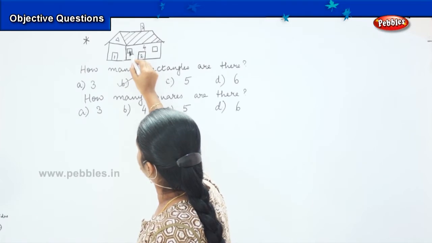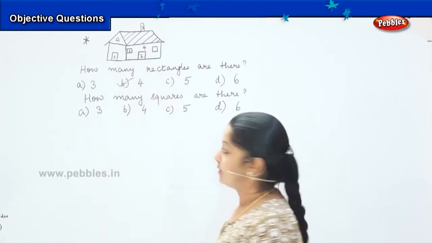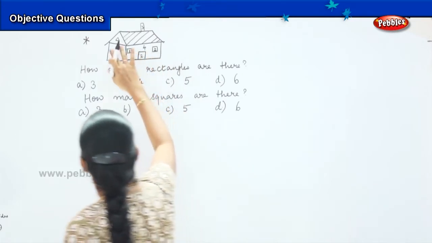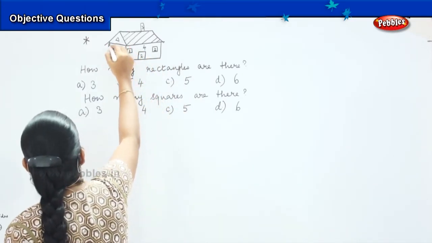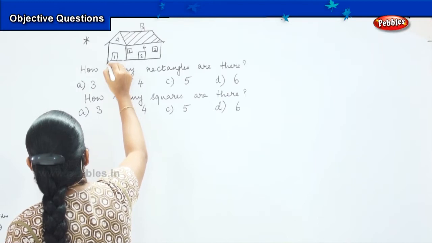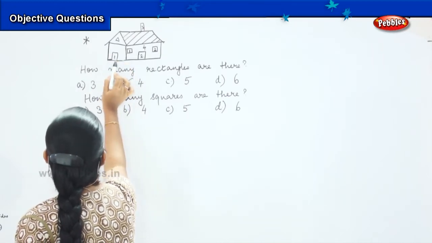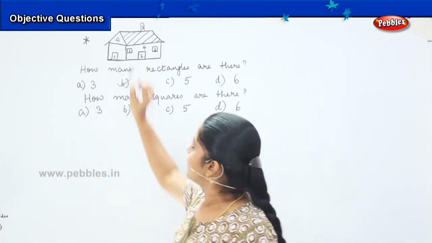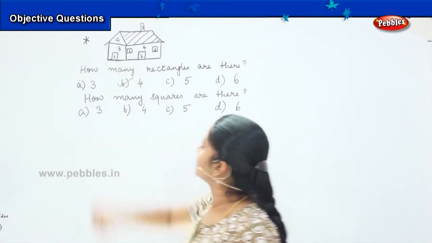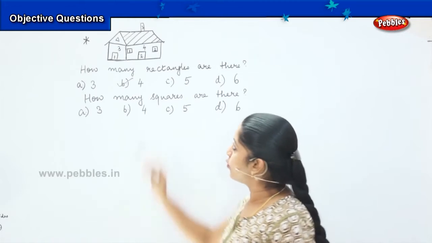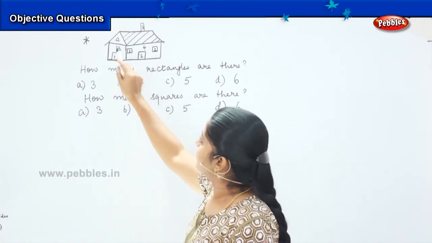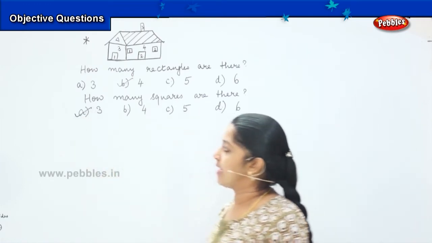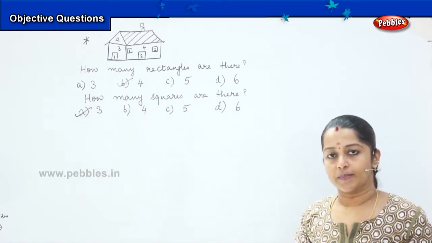The window. 1. Where else? The next window. 2. And children, this is a square shape. Okay? So, this is the third one. 1, 2 and 3. So, my right option is option A, which is 3.